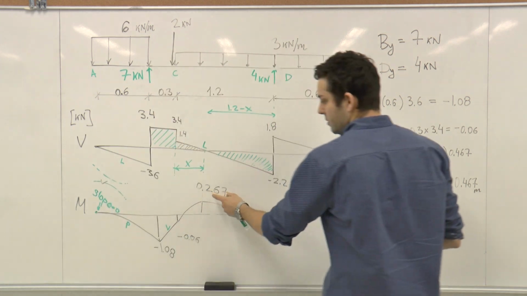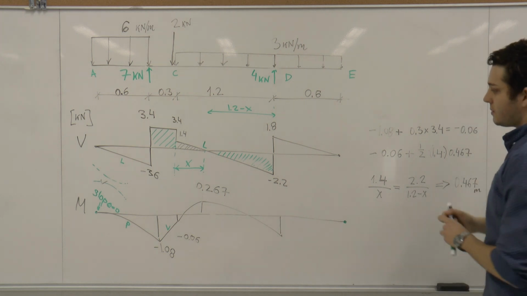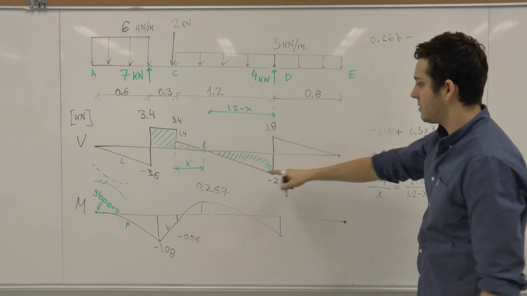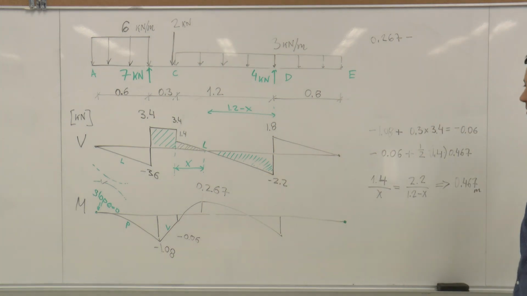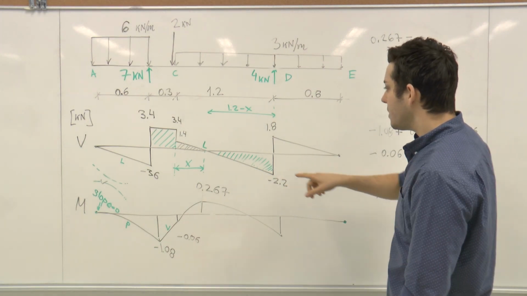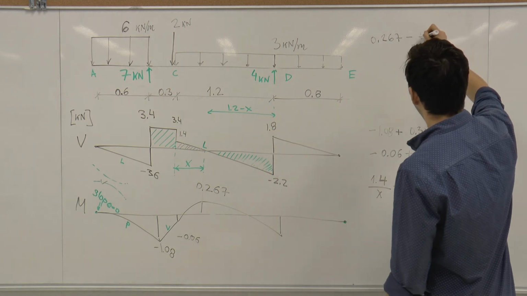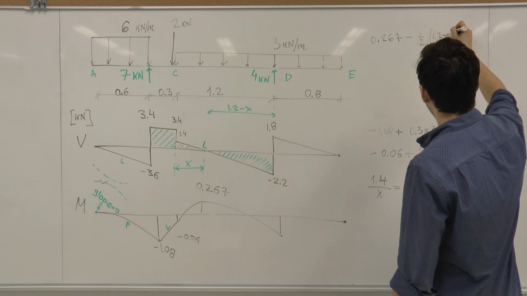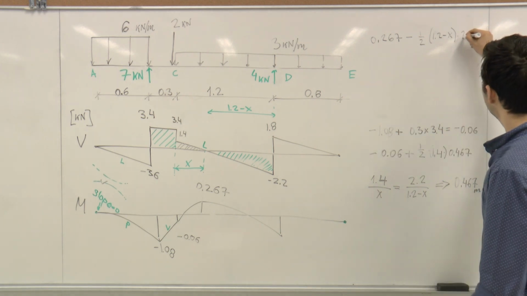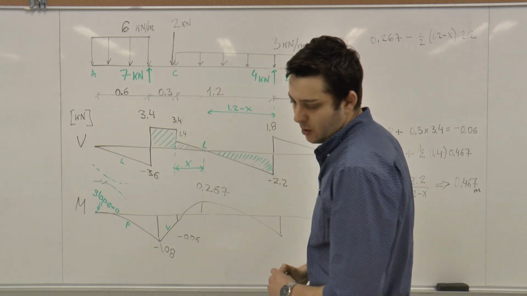So it's going to be 0.267, let's write it here, 0.267 minus the area of the triangle. It's going to be 1.2 minus x, so it's triangle, half 1.2 minus x, which x we know, and times 2.2. This is minus 0.539.